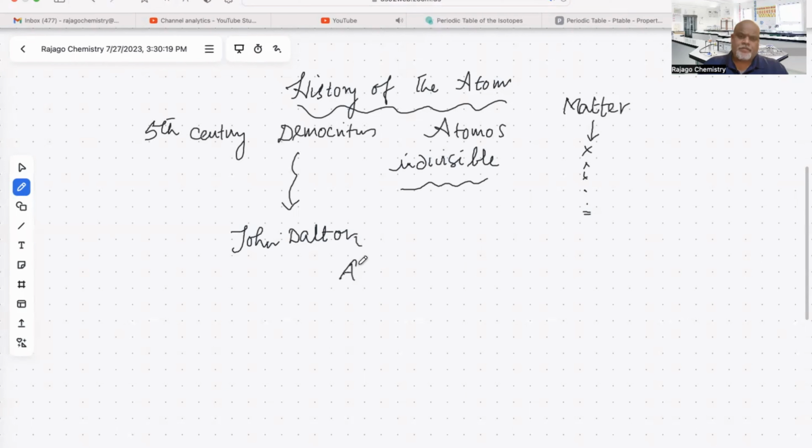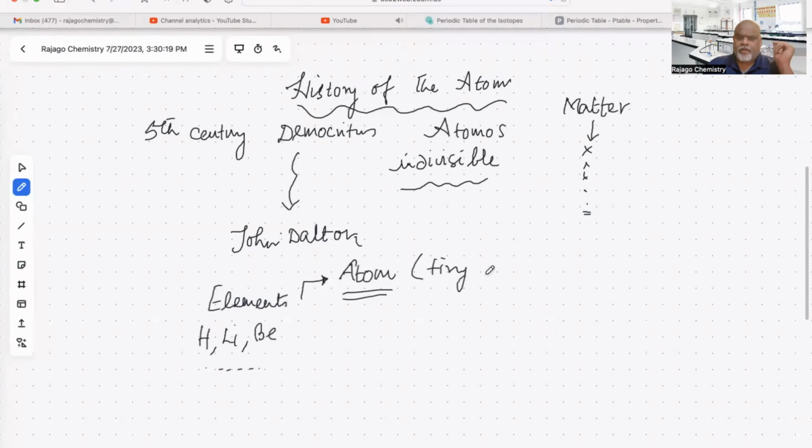Each element is comprised of what are called atoms. So if you take any element in the periodic table, hydrogen, lithium, beryllium, whatever it is, the individual particles are called atoms. These are the tiny particles, or the individual units, of any element.